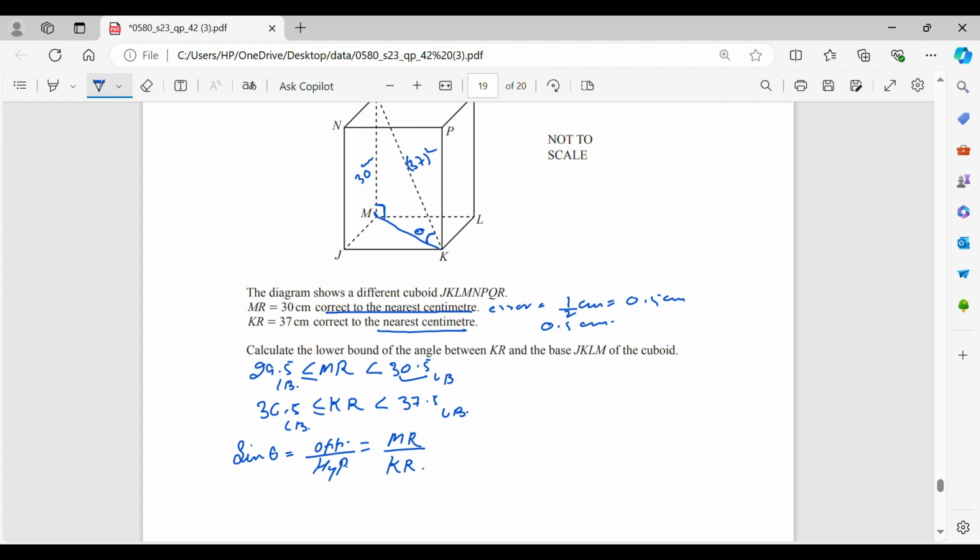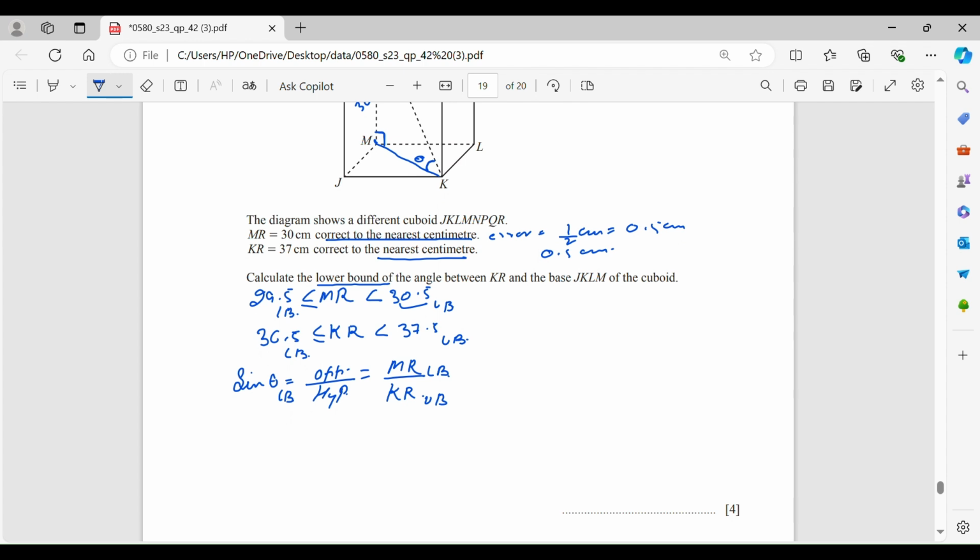We have to find the lower bound of the angle, so MR will be the lower bound and KR will be the upper bound. Now we will substitute the values.